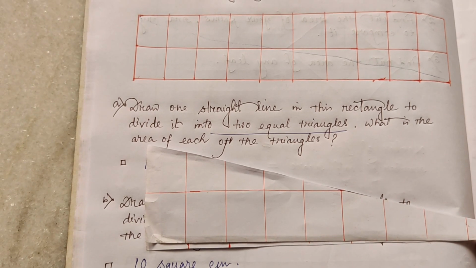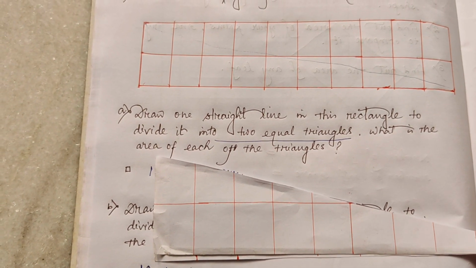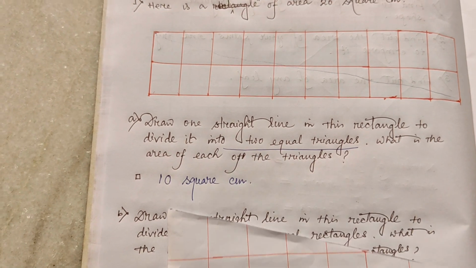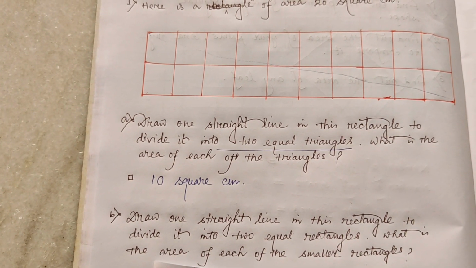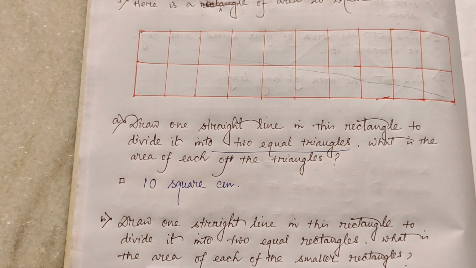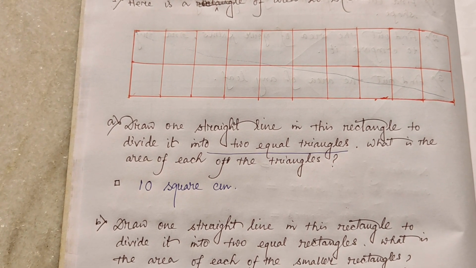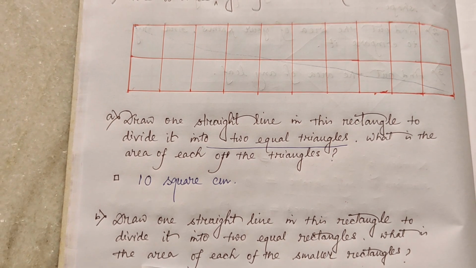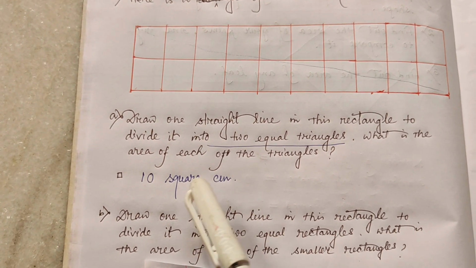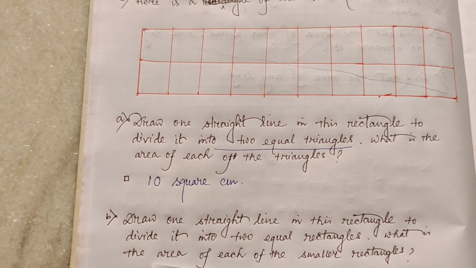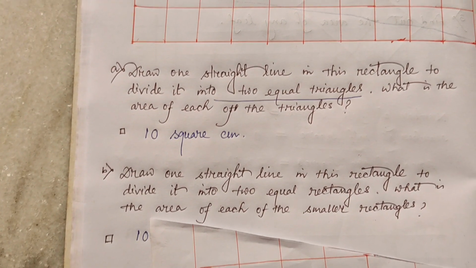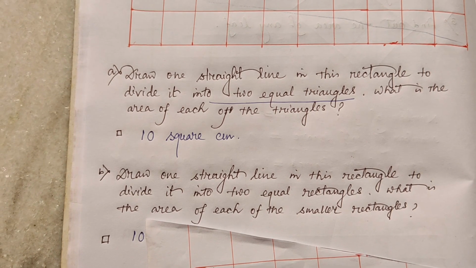As the rectangle is divided into two equal triangles, and the area of the rectangle is 20 square centimeter, the area of each triangle will be 10 square centimeter. This is the first problem.